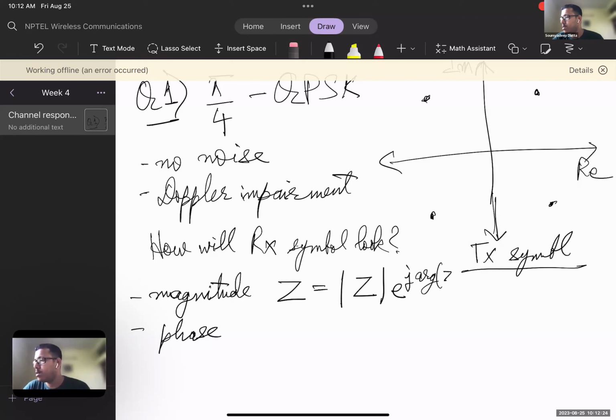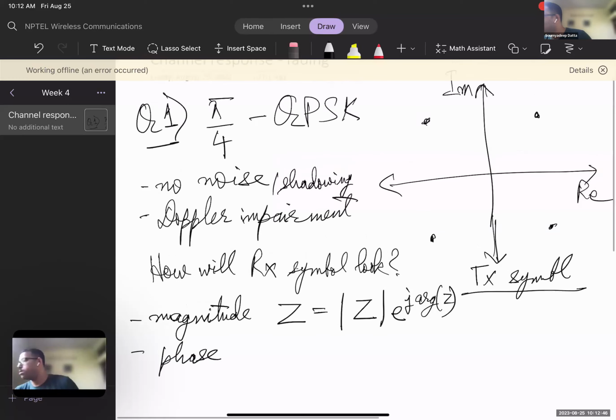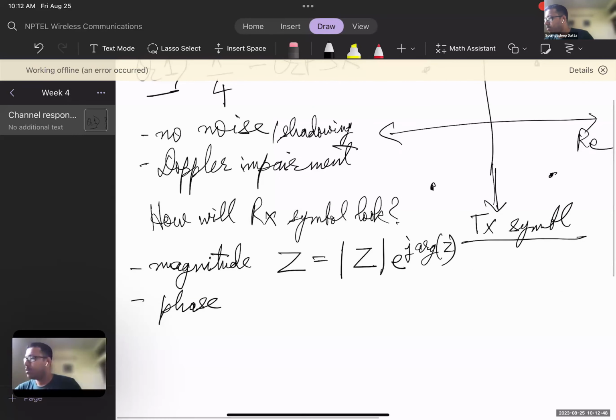These are basic complex numbers. Let me be specific: there is no noise, no shadowing, nothing like that.